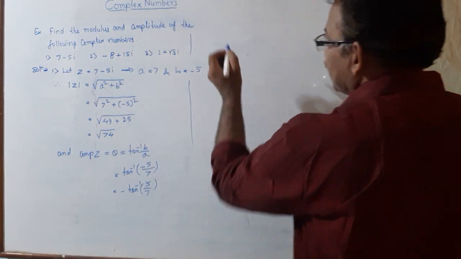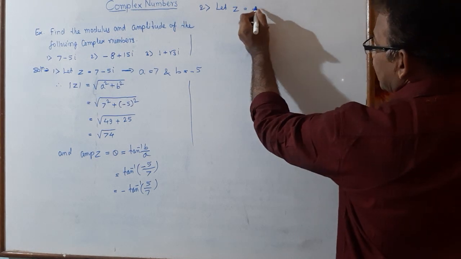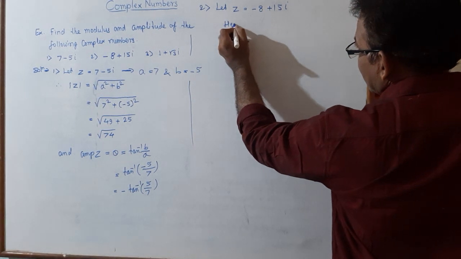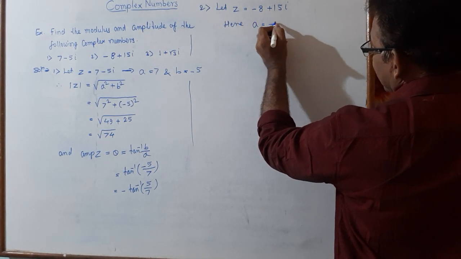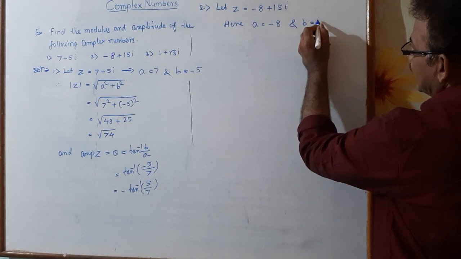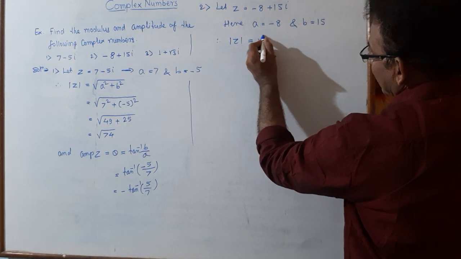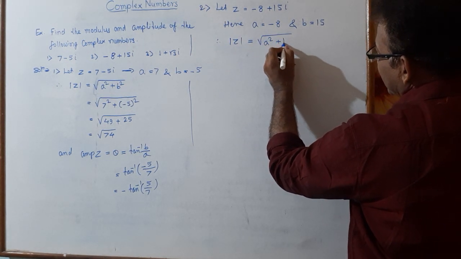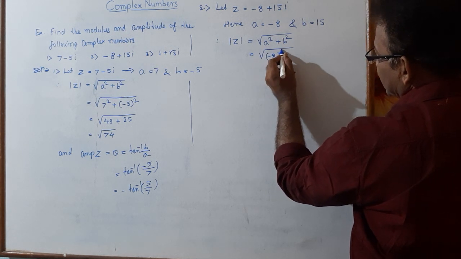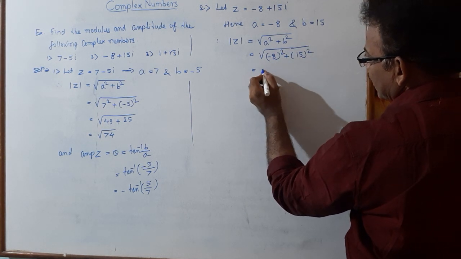Then second problem, let z equal to given complex number minus 8 plus 15i. So here write the values of a and b. a means real part, that is minus 8, and b means imaginary part, that is coefficient of i, that is 15, and therefore modulus of z equal to formula square root a square plus b square, that is equal to square root a means minus 8 its square plus b means 15 its square, that is equal to square root.